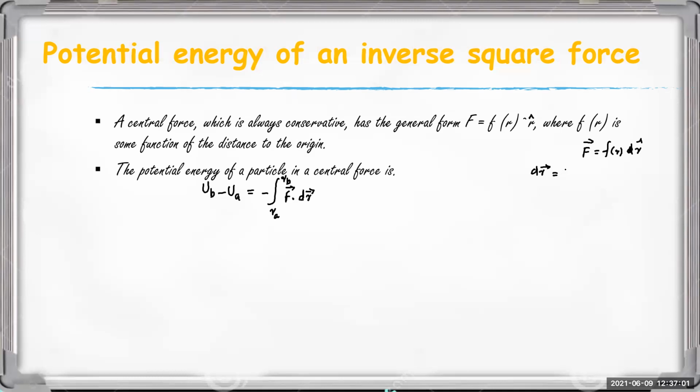So the line element is to be written in polar coordinates. Then it is equal to dr r cap plus r d theta theta cap.